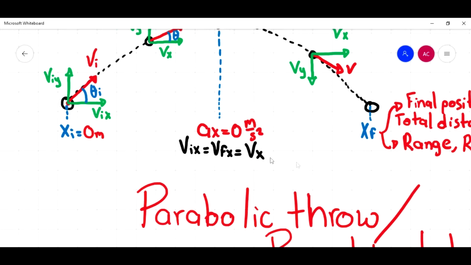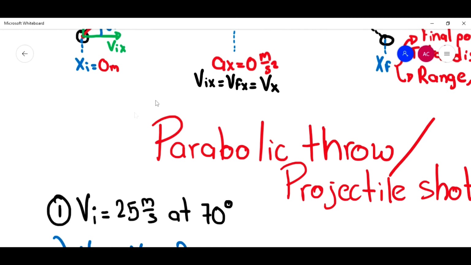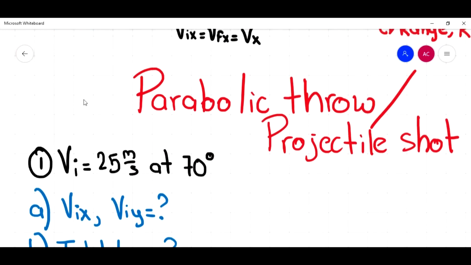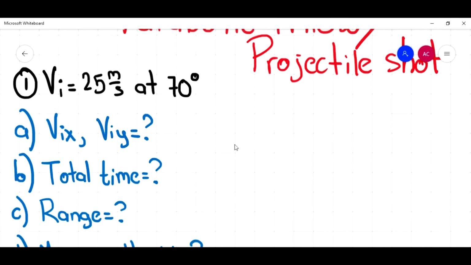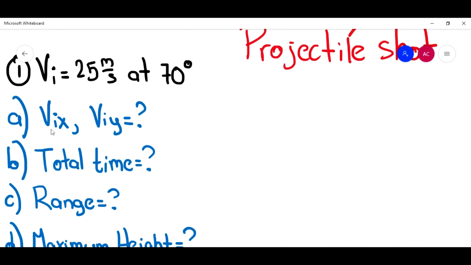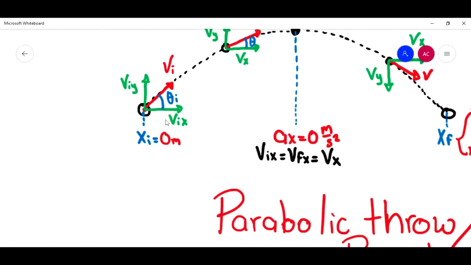Okay, so let's go back to the problem. If it's needed, I'm going back to the drawing to make some notes. Now, if you see, I got the magnitude of the vector and the angle of the vector. So what I need to find is the initial velocity in x, this one over here, and the initial velocity in y.